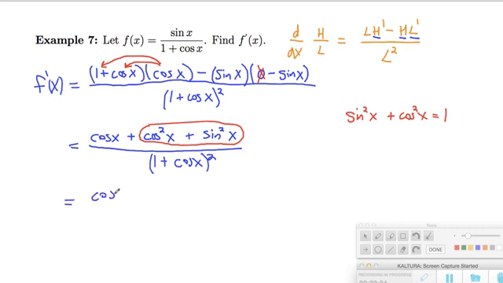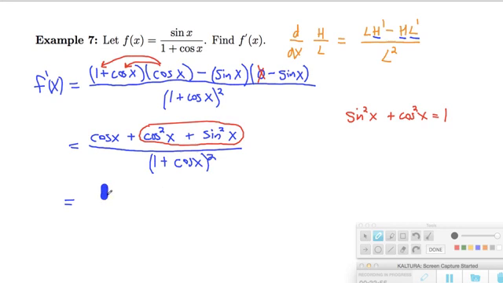So this is cosine of x plus 1. Well, that's the same thing as 1 plus cosine of x. So I'm going to choose to write it that way.